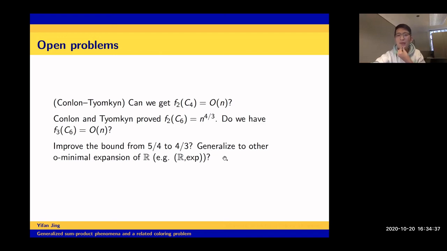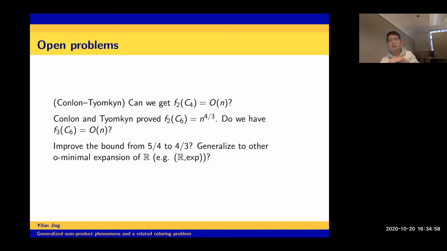Also, can we generalize to other o-minimal expansions of R, say like the exponential map? Basically, because we use o-minimality, our method should be available for this generalization. But the problem is we don't have a corresponding Elekes-Ronyai theorem.